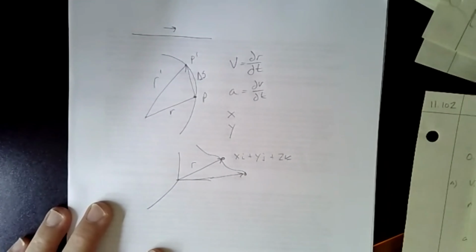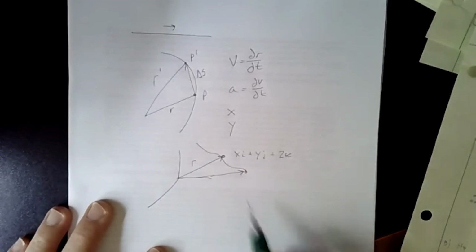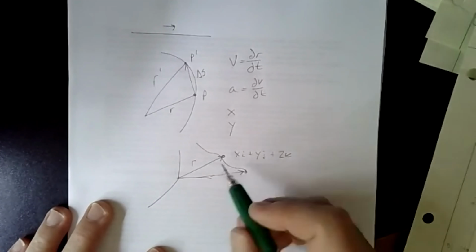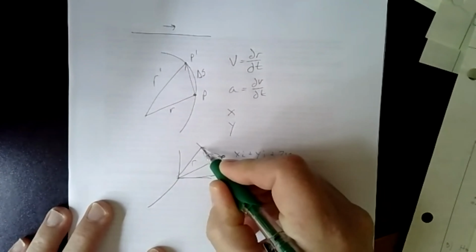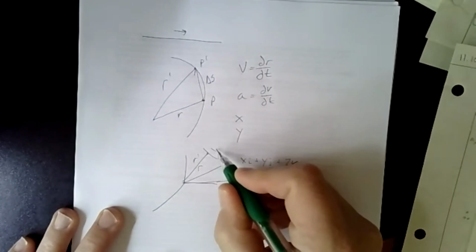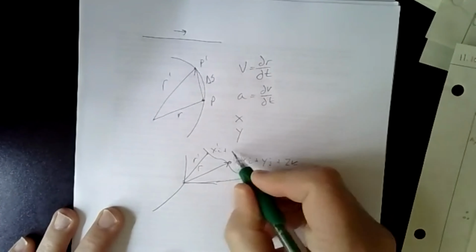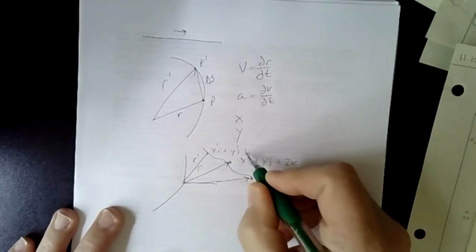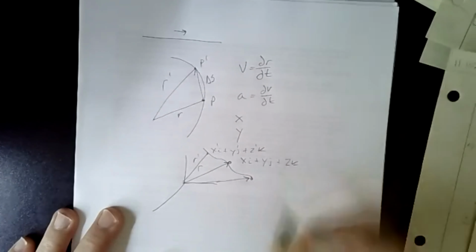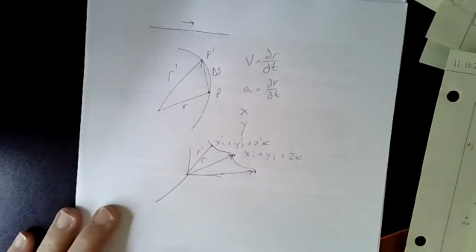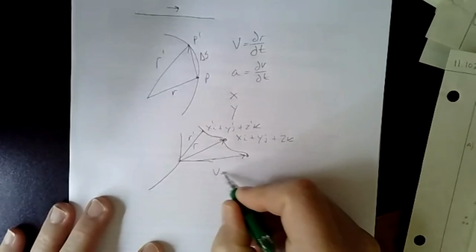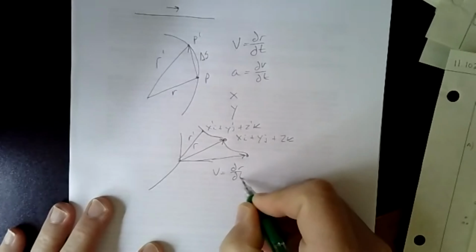There, we've defined it as where it's at. Then if we have a second particle, say it moves up to here, another r prime, then this is x prime i plus y prime j plus z prime k. The motion along that line is again just given by v equals dr dt.